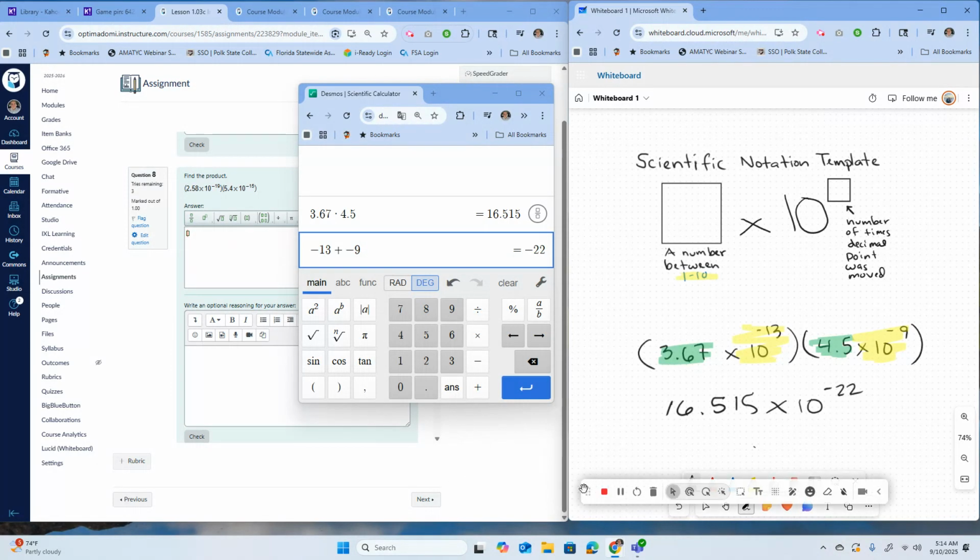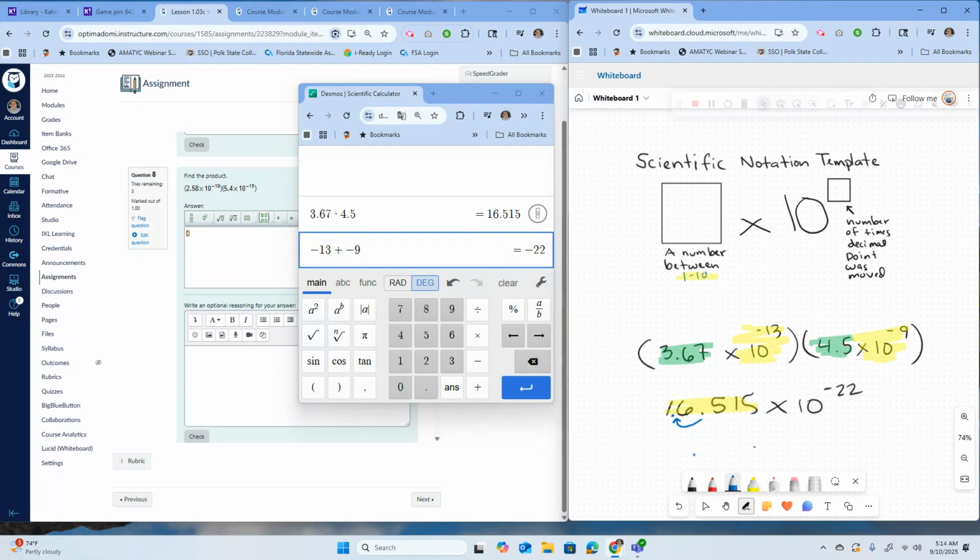However, once again, like I have done in the previous problems, always check if your answer is in scientific notation. My answer here, the coefficient, 16.515, is not between 1 and 10 like the template above says it should be. So I'm going to take the decimal point of this number, which is between the 6 and the 5, and move it 1 time to the left.